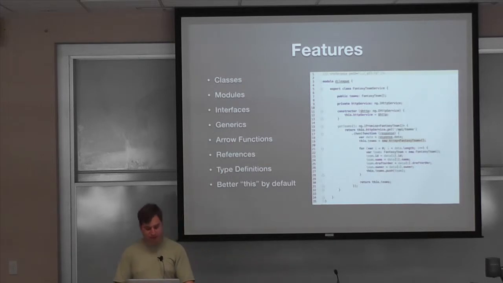Finally, like other things in TypeScript, TypeScript tends to smooth over some of those rough parts of the JavaScript language. So it includes a better handling of the this keyword by default. Right out of the box, you get that with TypeScript without having to worry about it.